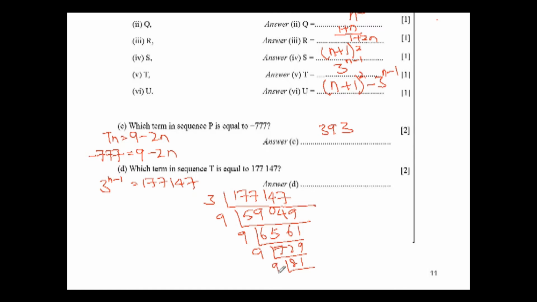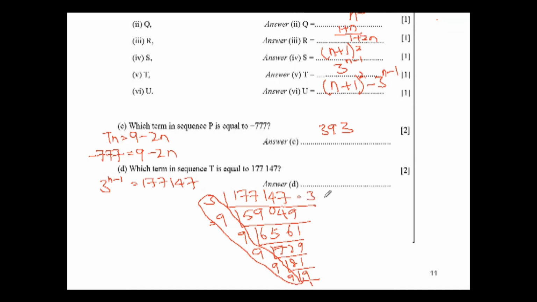And we divide by 9 again, we get 9. And we divide by 9 again, we get 1. So which means that 177,147 is equal to the product of all these numbers.